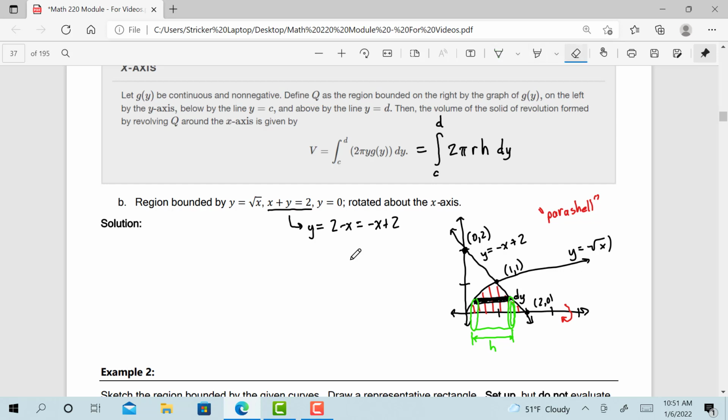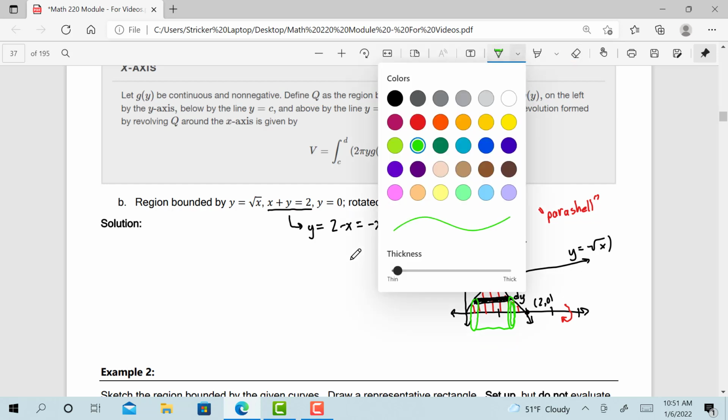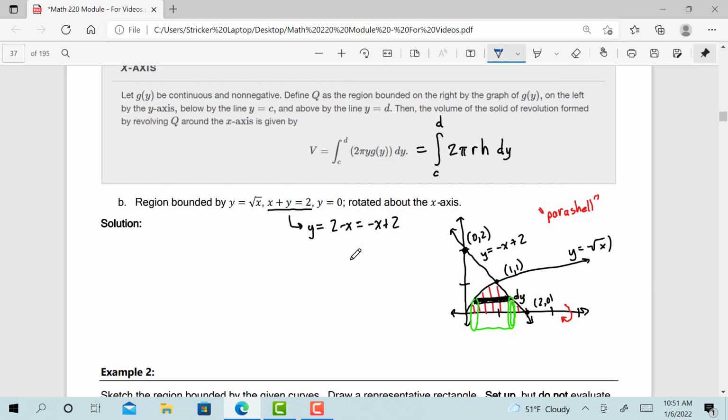Actually, let me use a different color there. It's more distinctive. Let's use blue. So this is our height. And then our radius is right there.